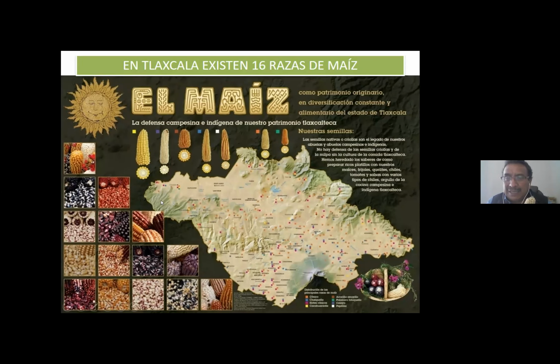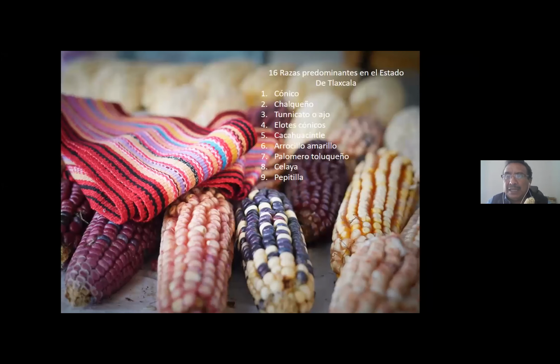Here we see my state. It's a small state. But we have a lot of corn diversity in our state. And that is our true heritage, this diversity of the corn. We have all of these colors in my community and in the other indigenous communities, in the Nahuatl and the Otomi communities.